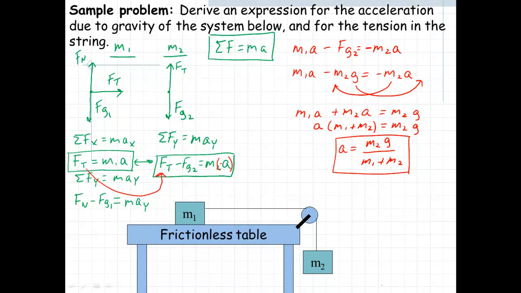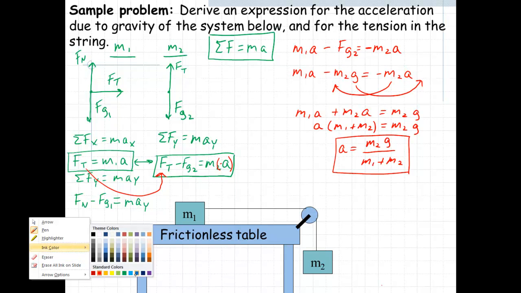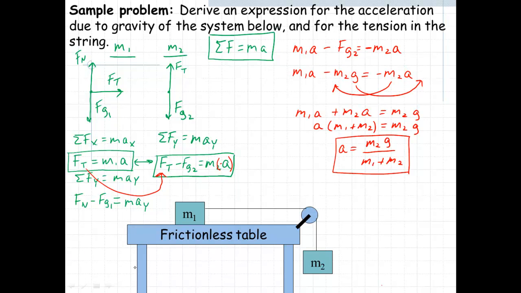Now it also asks for the tension in the string. Let me get a different color here to distinguish between this new problem. I can use either of these equations, either this Ft equation or this Ft equation. I'm going to choose the first one because it looks a little easier.